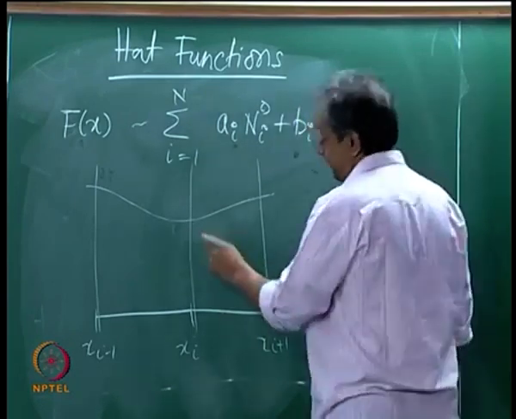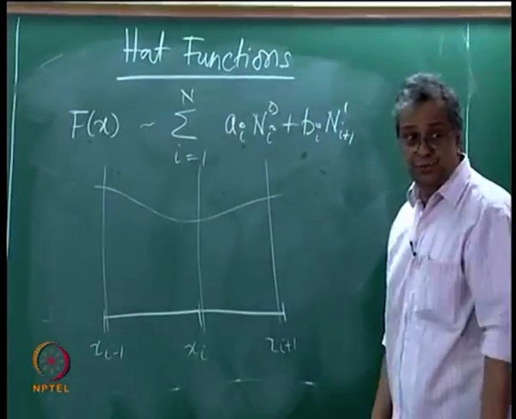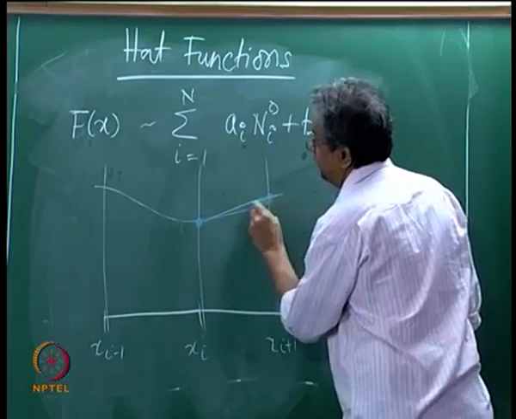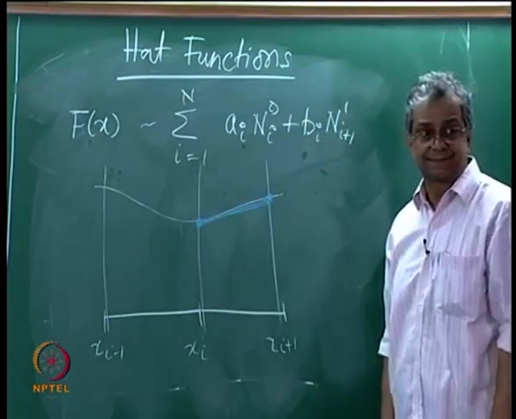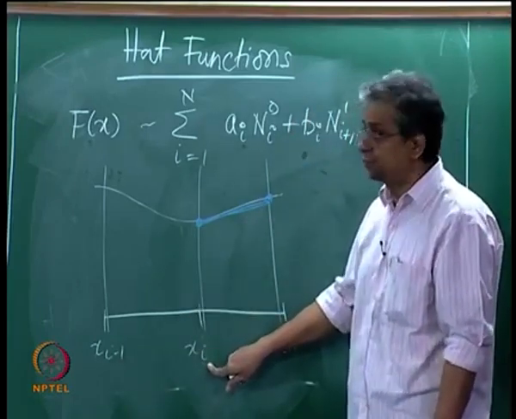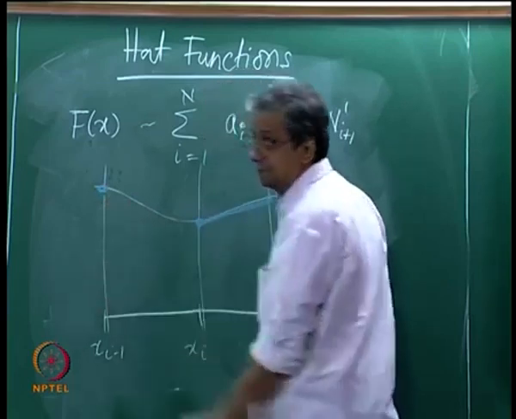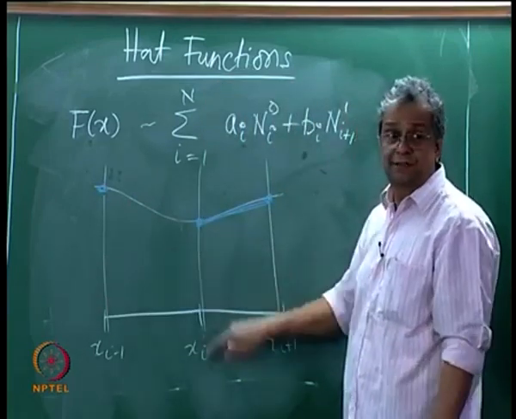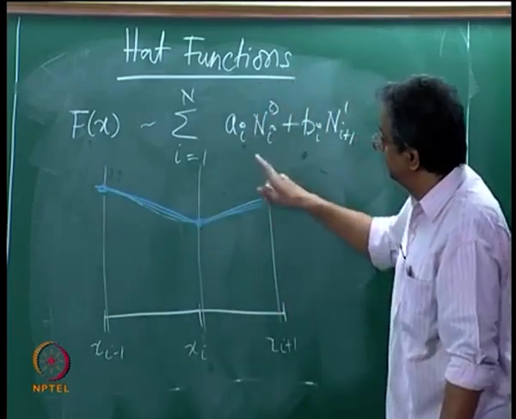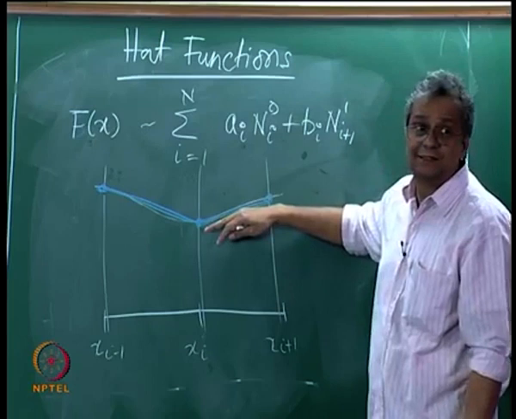So let me use some colored chalk here, on the interval xi plus 1, if I take these two values to be a and b, I will get a linear interpolant that looks like that. On the interval xi minus 1 xi, what will my a value be? What is a? A is the value here, and what is b? B is going to be what was the a in the xi plus 1 interval. So in fact, though it looks like I have two coefficients, incidentally it's possible we could come up with a scheme just like in the box function.